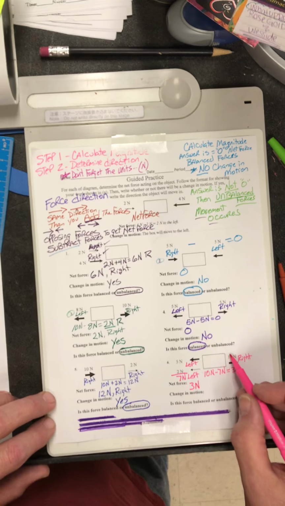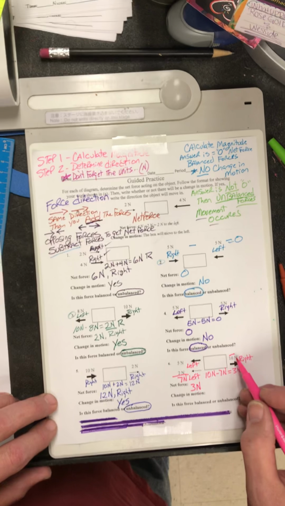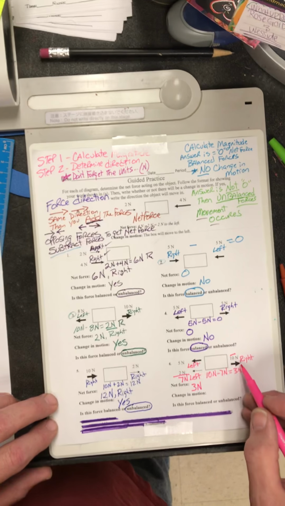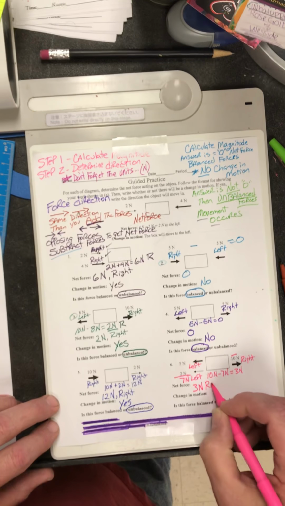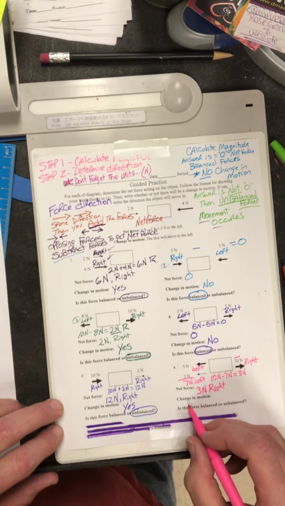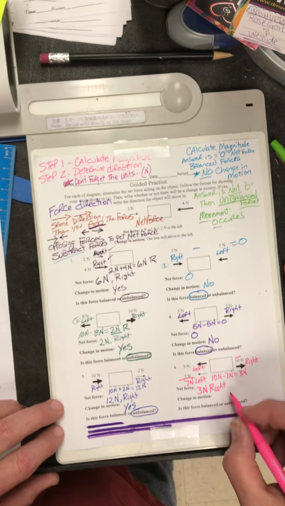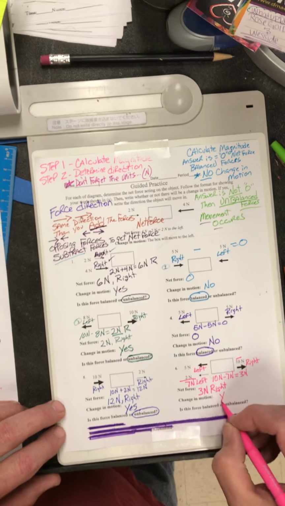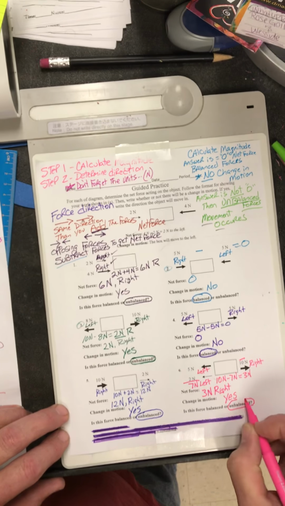So there's 10 newtons over here. 10's bigger, so the 3 newtons that are left over are heading to the right side. So this is going to be to the right. Change in motion, I had something left over, so the answer is not 0. So movement occurs, yes. We're having a change and it's unbalanced.